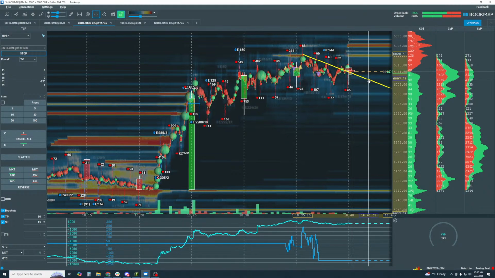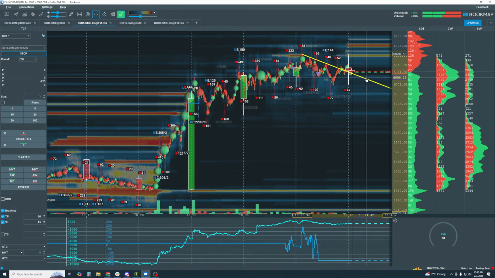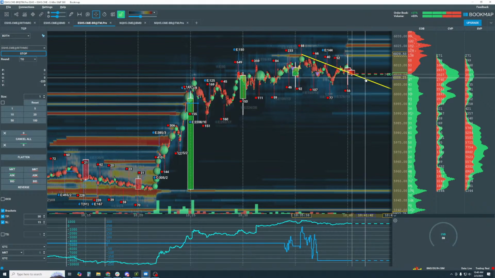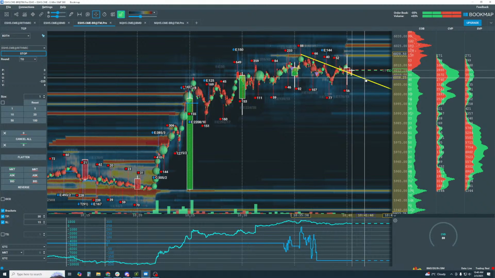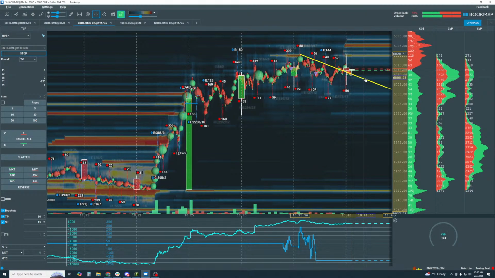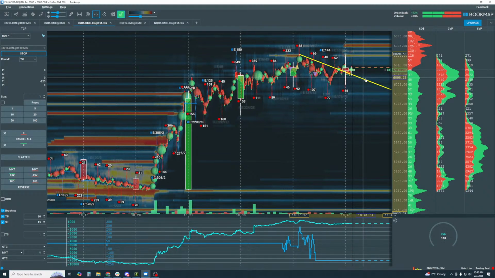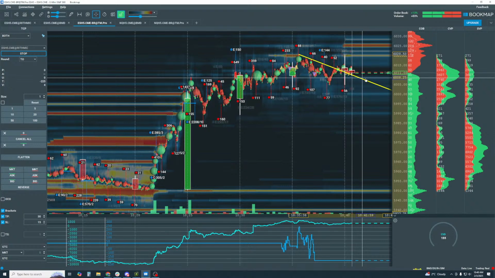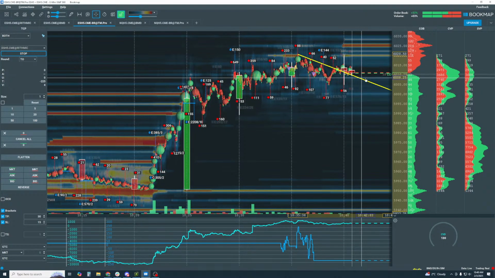So either step back and not trade, or there's a couple different things you can do. You can go down in size and just trade one or two micros, or whatever you're comfortable with, and widen out your stops. Or you can trade your regular size, but you're looking for very small moves that are going to happen very, very quickly.